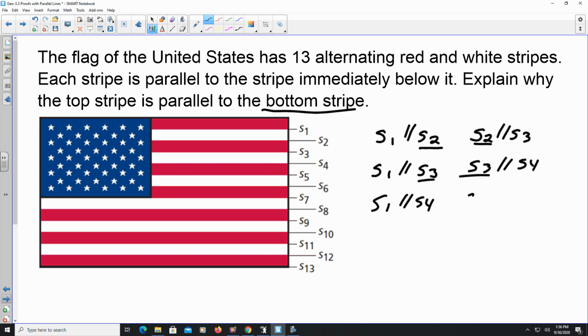So now S4 is going to be parallel to S5, and so on and so forth. So you're just going to go all the way down, and it'll say something like S1 will then be parallel to S13. So that's how you can say that the top one is going to be parallel to the bottom stripe.